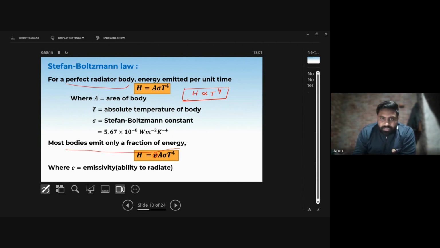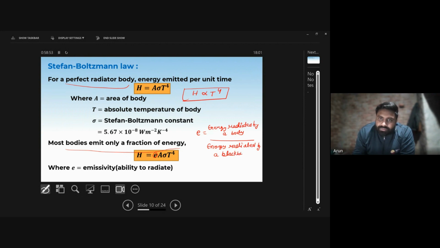Okay, so emissivity is defined as the energy radiated by a body to the energy radiated by a black body, because a black body is a perfect radiator.